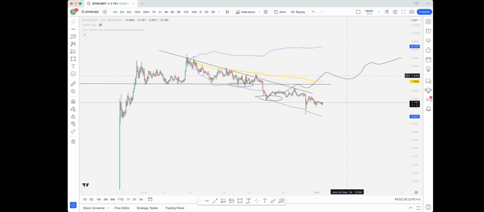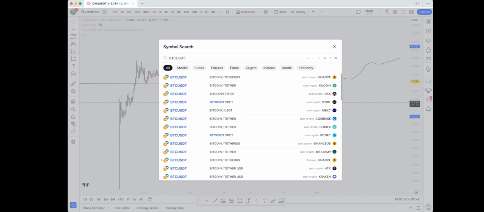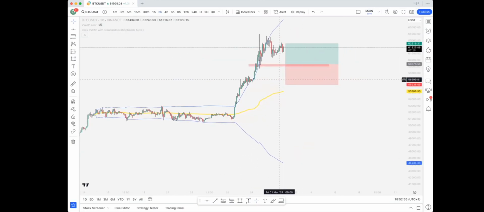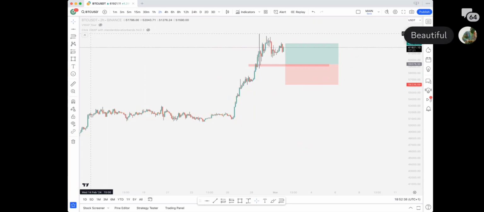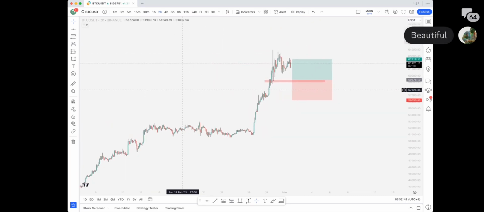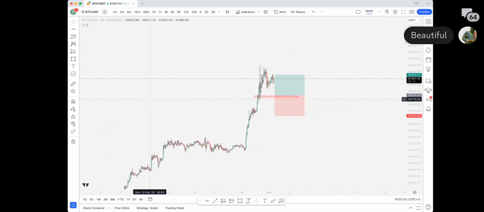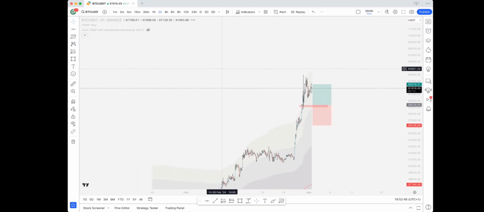So just to go back to Bitcoin to talk about what we're talking about. You possibly do a long from there. In addition, another thing to use VWAP for is for stop loss and take profits. My main way of marking out my final take profit is just marking out the final deviation band. So VWAP here.